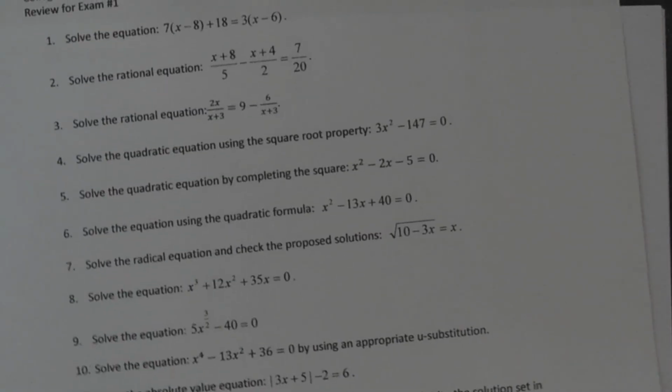Okay, keep that in mind. In this case, number 4, you're told to use the square root property. So if you use anything else, that problem will be marked incorrect because you're not following directions here.